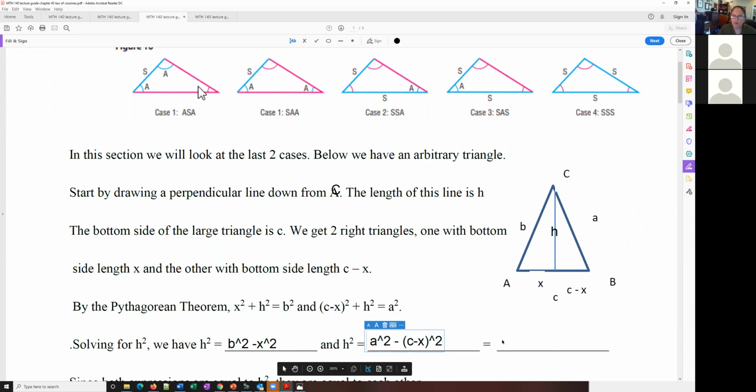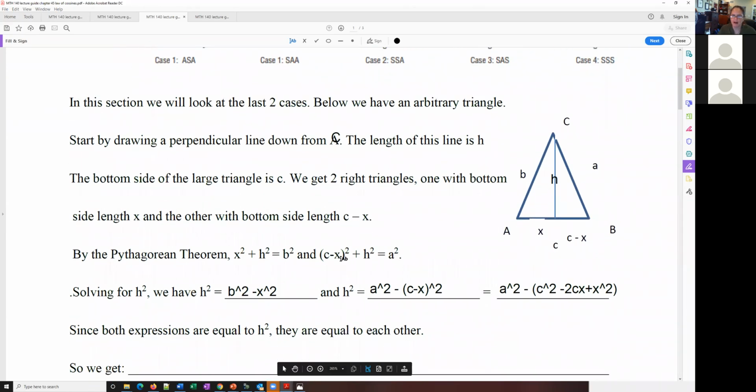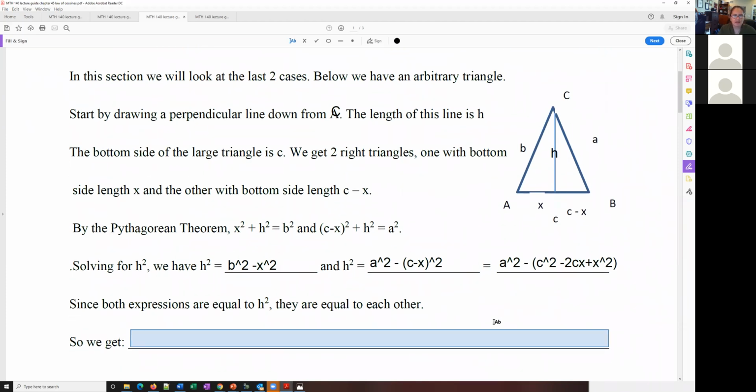And if we go ahead and expand (c minus x) squared, we get a squared minus (c squared minus 2cx plus x squared). So I've gone ahead and multiplied out the (c minus x) squared. Since both expressions are equal to h squared, they have to be equal to each other.